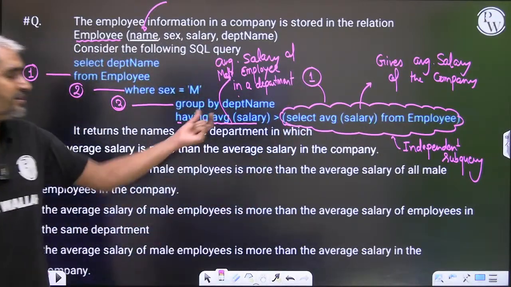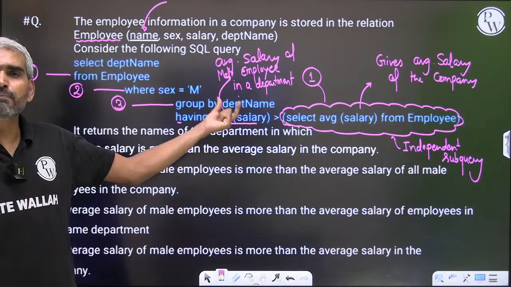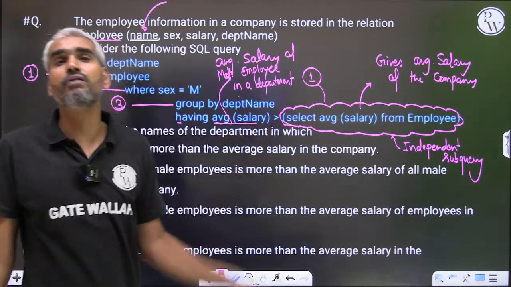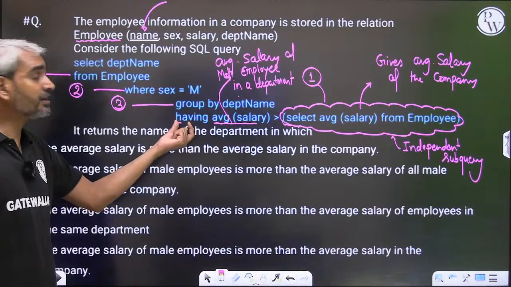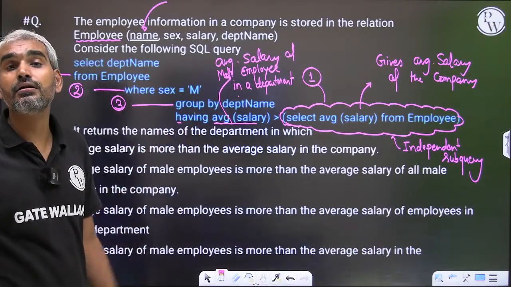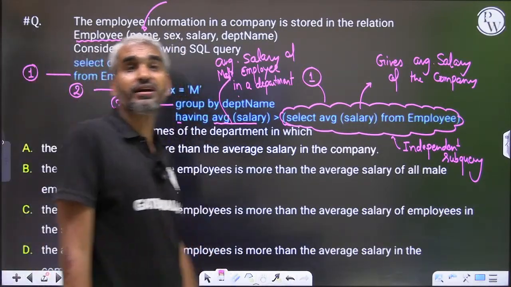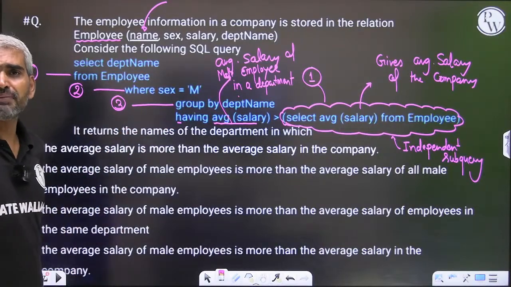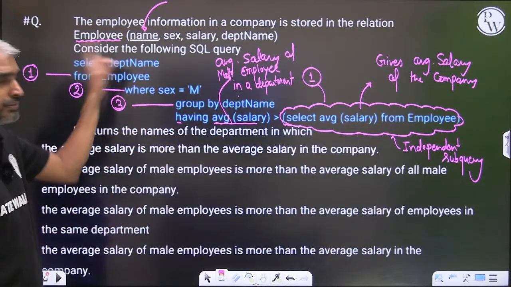If the average salary of the male employees in our department is greater than the average salary of the company, then the having condition will be true for that particular group of department, and that particular department name will be selected.